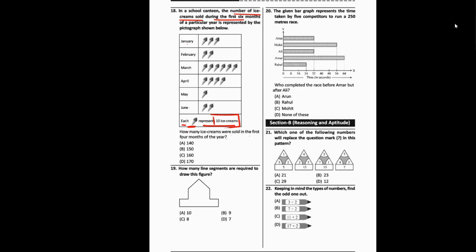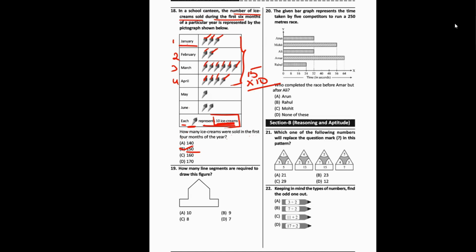First 4 months, how many such pictures do you have? 1, 2, 3, 4, 5, 6, 7, 8, 9, 10, and 11, 12, 13, 14, 15. Total 15 such pictures are here, and each picture represents 10. So 15 multiplied by 10 gives you 150, option B. Hence, we can say in the first 4 months of the year, 150 ice creams were sold.